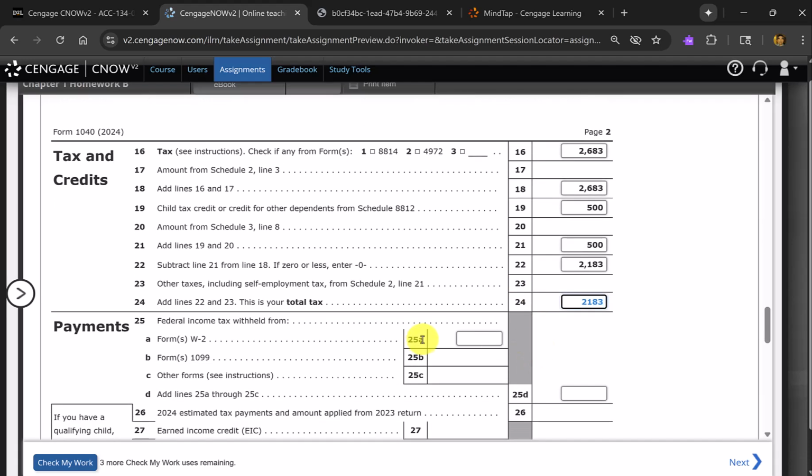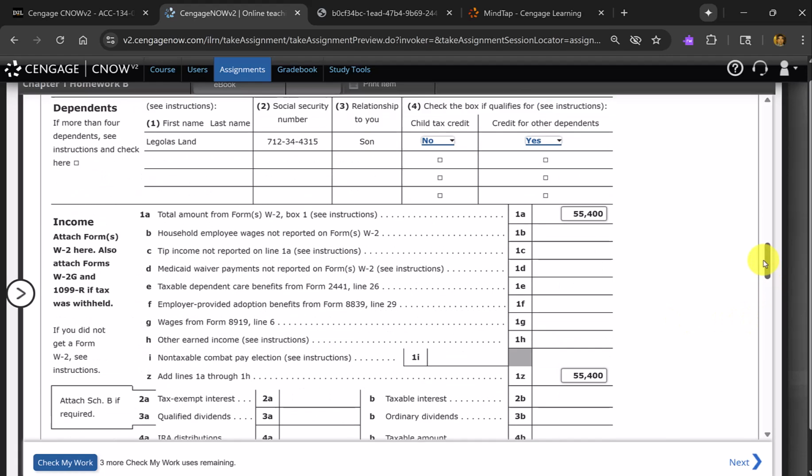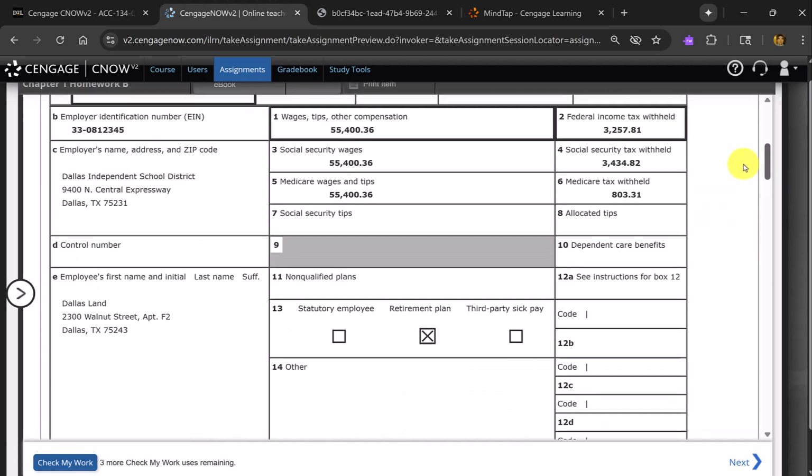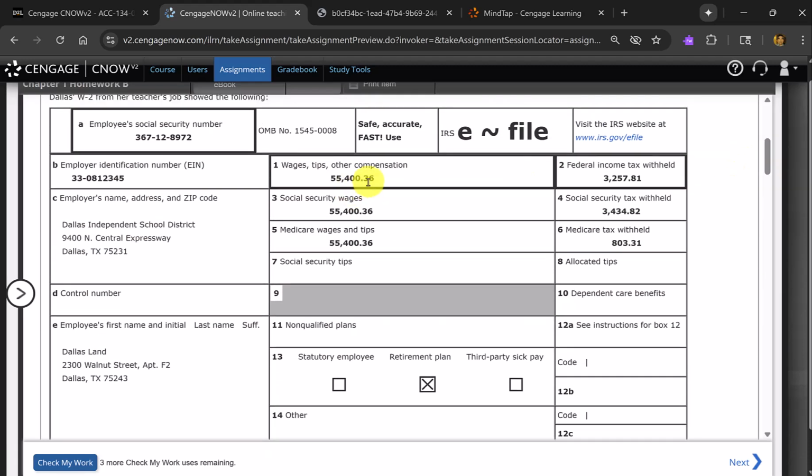Now the taxes we already paid, we got to go back and take a look at the W-2 form. So Dallas's W-2 form, not just the taxable wages, but here's three different taxes. The one we're dealing with is the federal income tax.